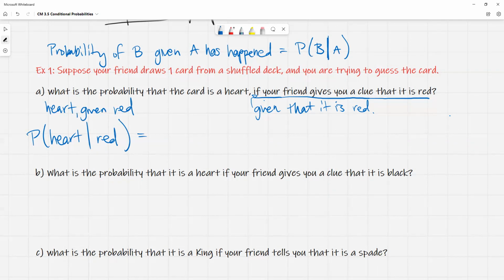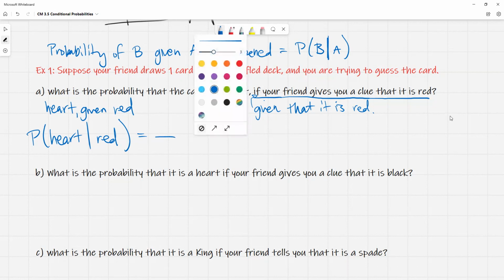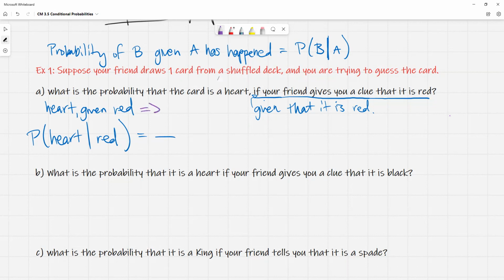So that's going to change our total number of outcomes, right? So let me pick a different color here. This statement right here tells us that our total is not 52 anymore. That's not our denominator anymore. It's actually going to be 26 because we have 26 red cards. Okay, so our denominator is 26 now because it's given, we know it's red.